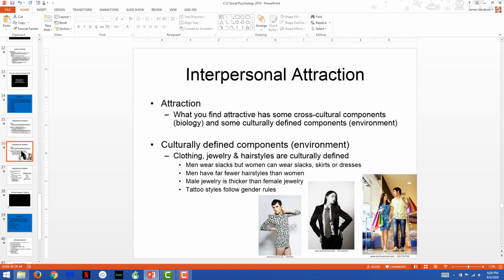So when you take a look at the image on the bottom right portion of the screen, there's a man and a woman both dressed in fairly traditional clothing. That should look fairly average or common to you and not really make anything seem odd. The next image to the left is a woman wearing men's clothing. Now, a woman wearing men's clothing is actually something that takes place now on a fairly regular basis.